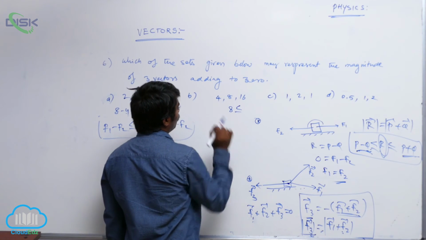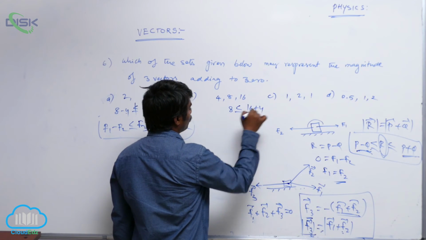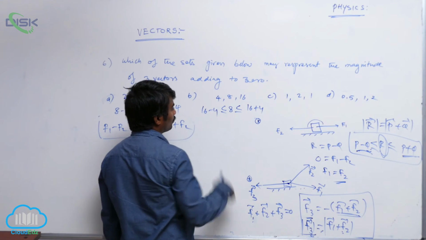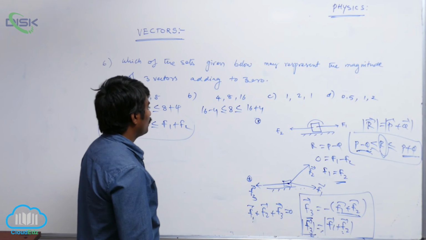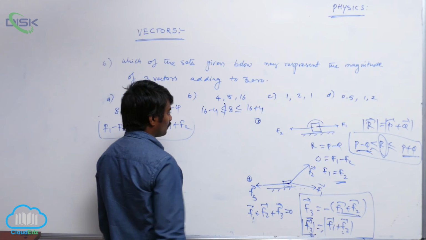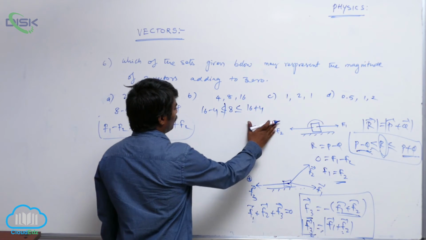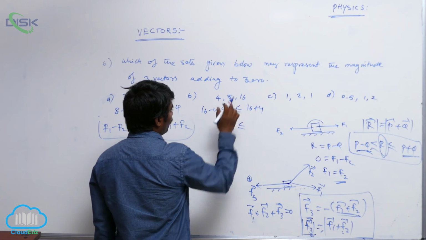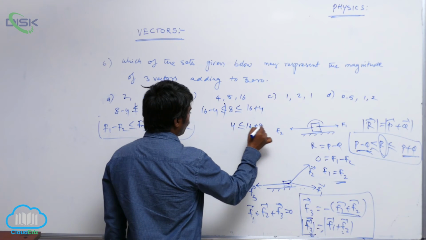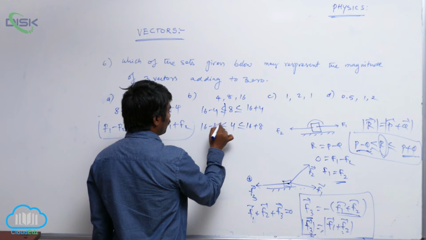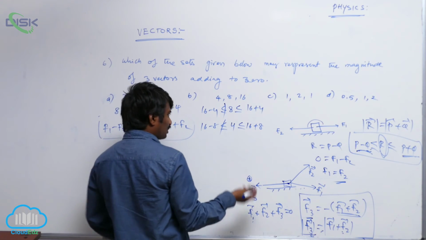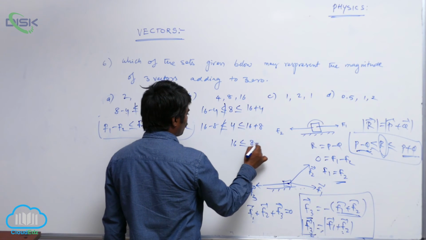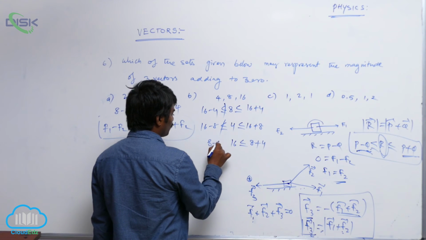Now you can take 8 as F3. Now remaining 16 and 4, so 16 plus 4, 16 minus 4. So again this condition is not satisfied. Otherwise you can take 4 as F3, so remaining is 16 and 8, so 16 plus 8, 16 minus 8. Again this is not satisfied. Suppose you take 16 as F3, same 8 plus 4, 8 minus 4.